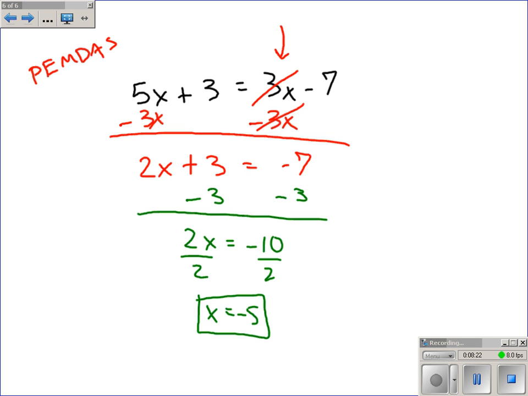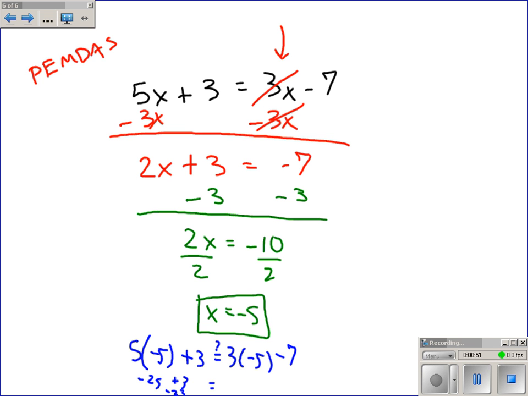All right, now on this one, because we've done so many steps, it's a good idea for us to check our answer. I have 5 times negative 5 plus 3, and I want to see if that's equal to 3 times negative 5 minus 7. Okay, 5 times negative 5 is negative 25, plus 3 is negative 22.